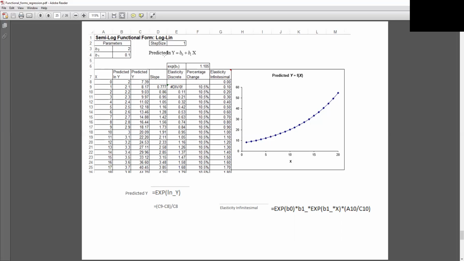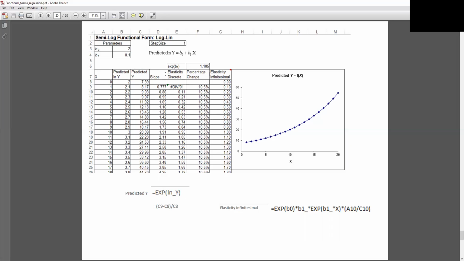Log y can be predicted by using the equation beta naught plus beta 1 x. By incorporating the values in the formula, we get predicted log y, and then we can predict y by the antilog of log y. When we take the antilog of log y, we get predicted y.